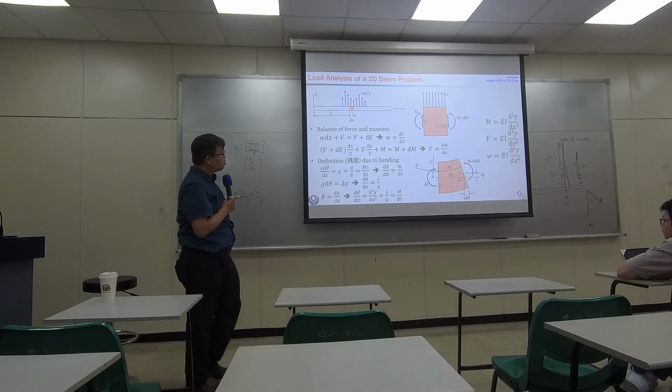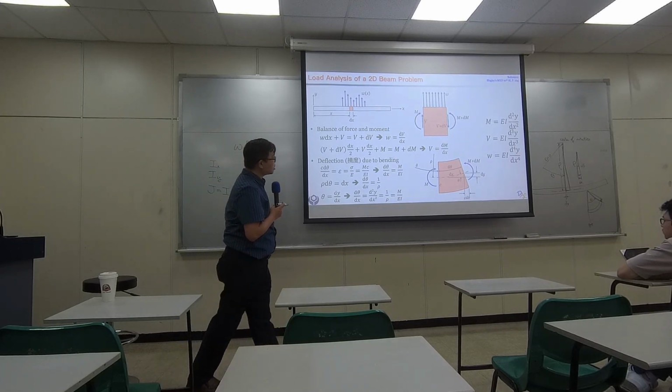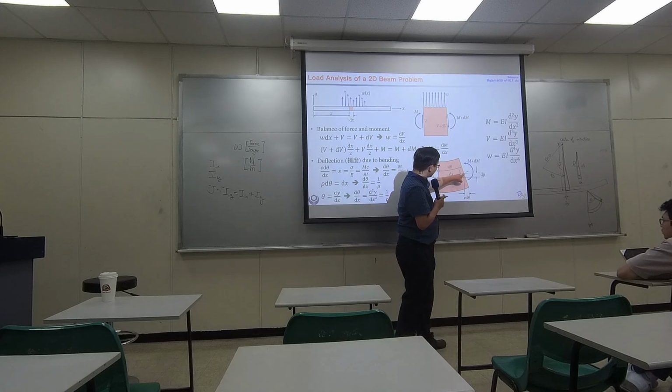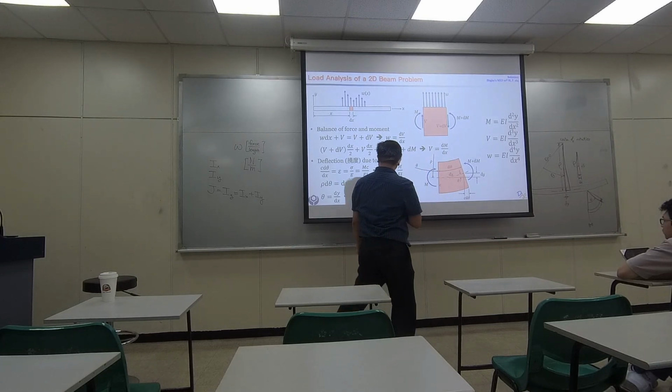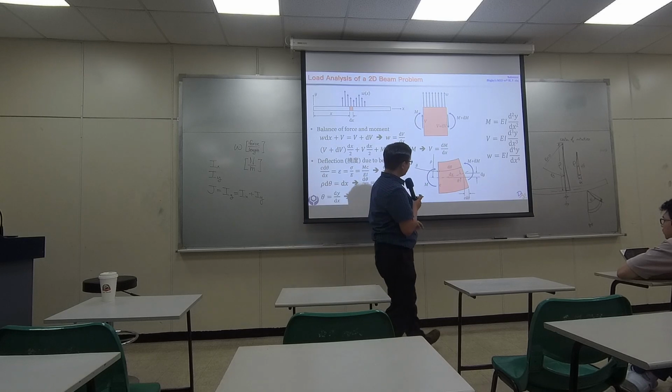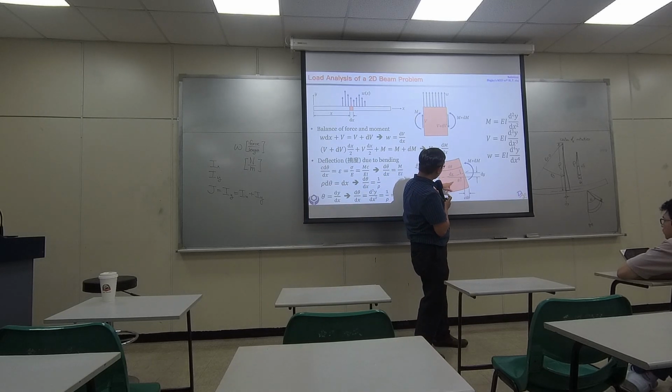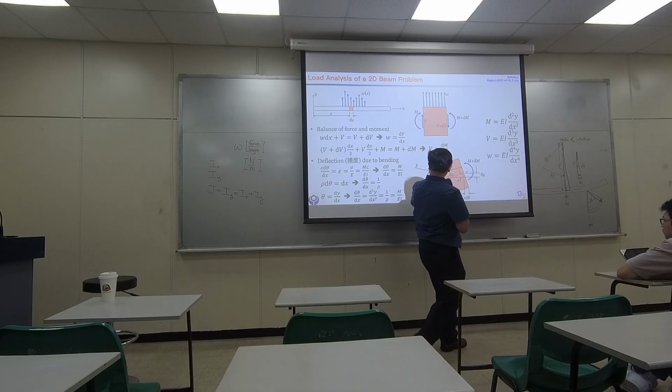Another important one is a relationship right here. There's a tiny rectangle right here. Because the angle is also very small, you can get that theta is almost the same as dy over dx.